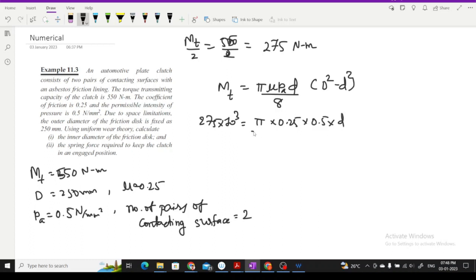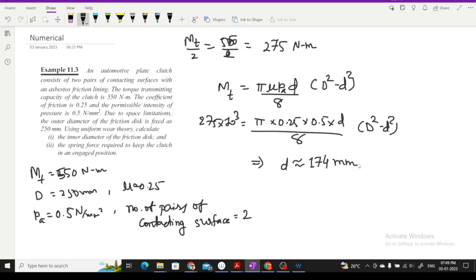Now, when you solve this equation with trial and error, you will find it is a cubic equation, so you will have 3 different roots. But from those different roots you can consider one feasible root, which will be d equal to 174 mm.